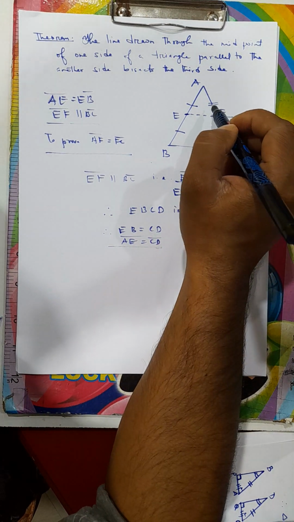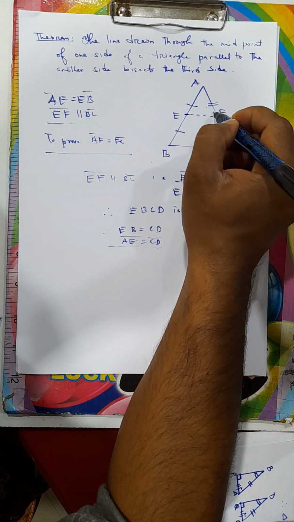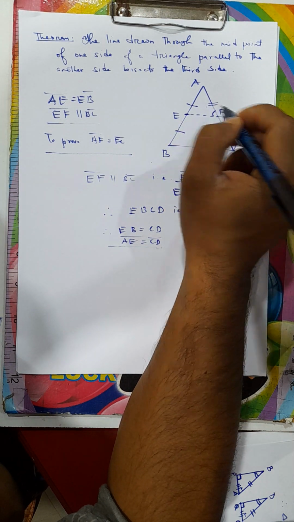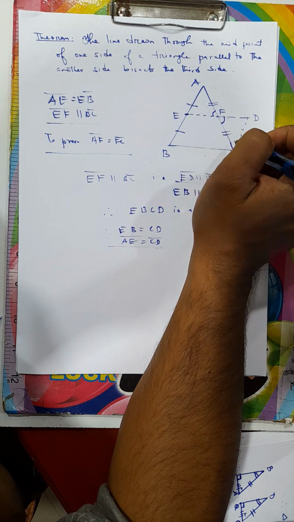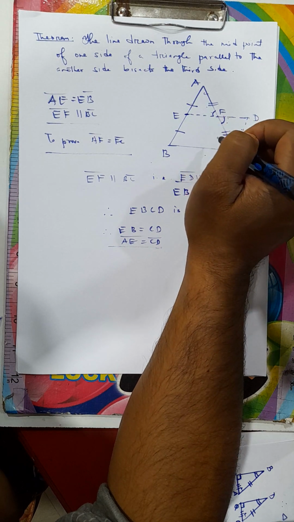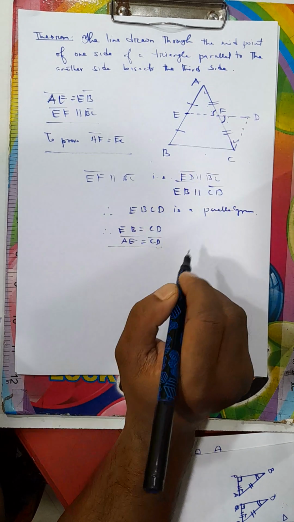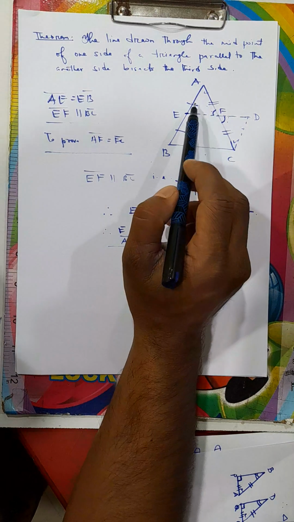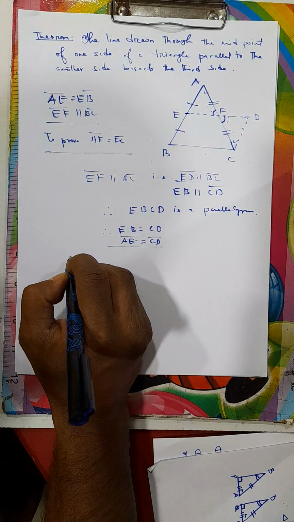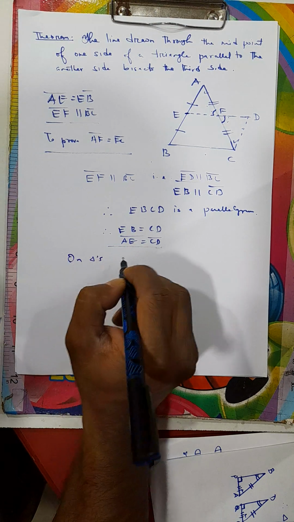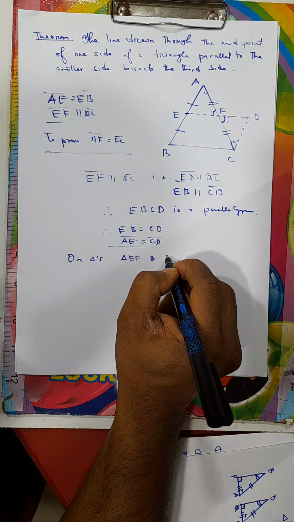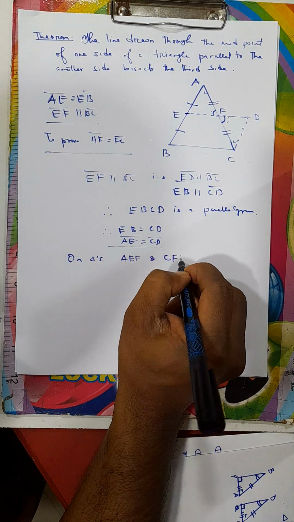Now let us consider these two triangles. These two angles are equal. Right. That means again we find that these two sides are equal. Then we find that these two angles are equal and these two angles are equal, vertically opposite. So by AAS criteria, you can prove that these two triangles are congruent. Now let us come to triangles AEF and CFD.